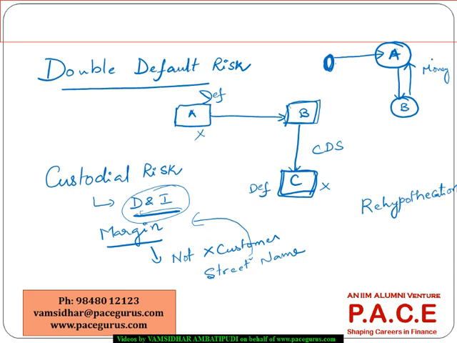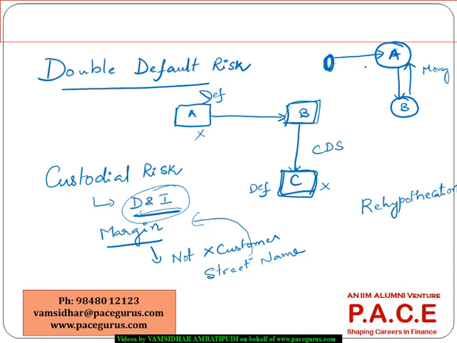In some cases, when the whole chain gets disturbed, the parties at any of the positions in the chain get more and more exposed to risk. This is one of the prime scenarios that resulted in a big downfall for Lehman Brothers also.